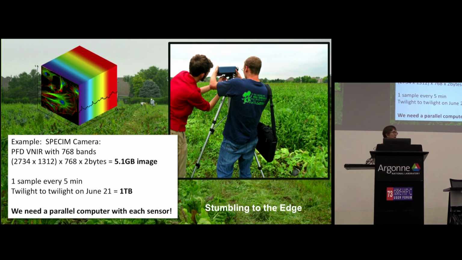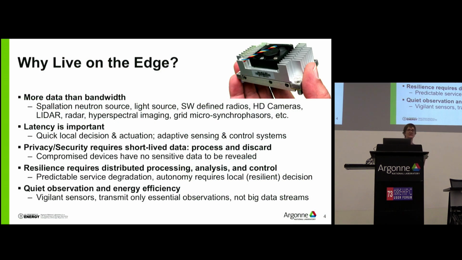So we started working on how we could work with instruments of this level and magnitude. There are a lot of devices where there's much more data than bandwidth: hyperspectral imaging, LiDAR, radar, some of the cameras we've been looking at, light source data from the Advanced Photon Source. Often you need quick response.